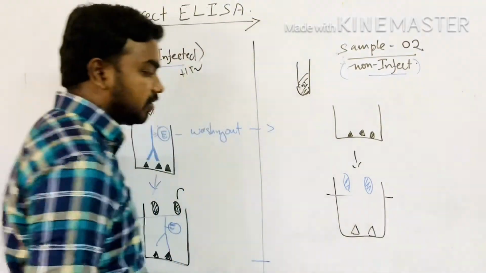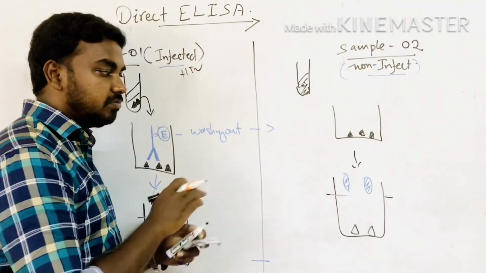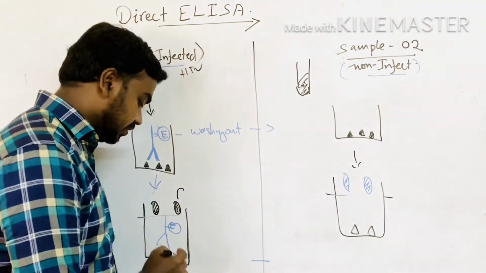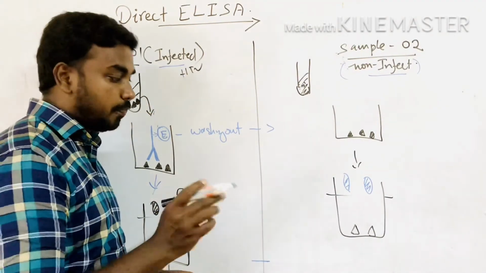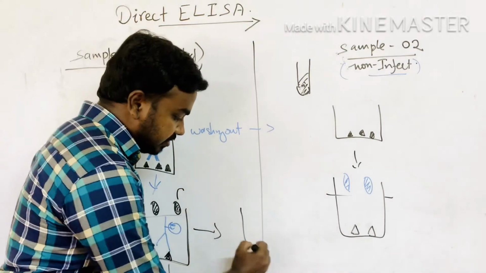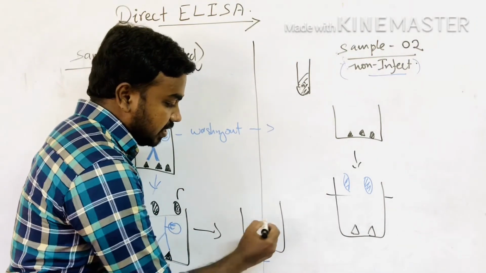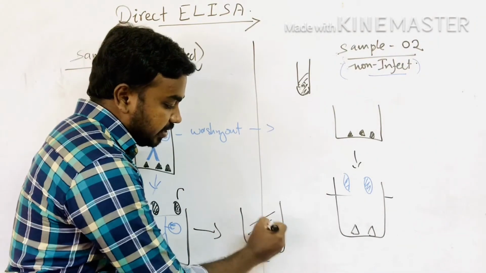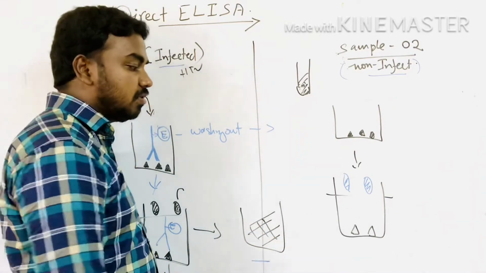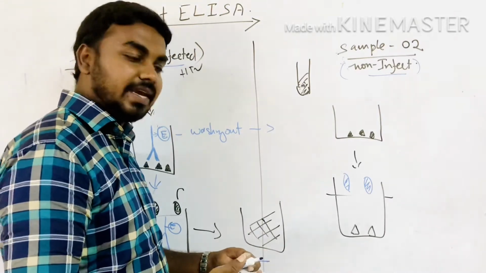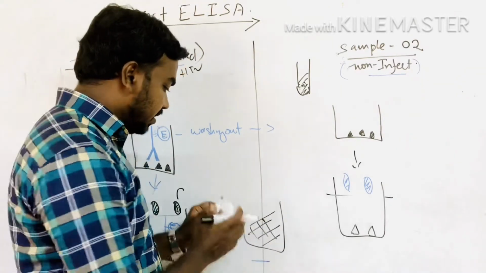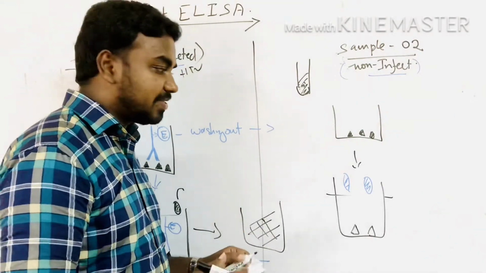Once I wash out, all the unbound reactions will be eliminated. So at last we will be getting a colored product. If it is this, we can get a colored product in this way. If it is blue, by using the intensity of that blue color we can say how much antigen or antibody is present here.